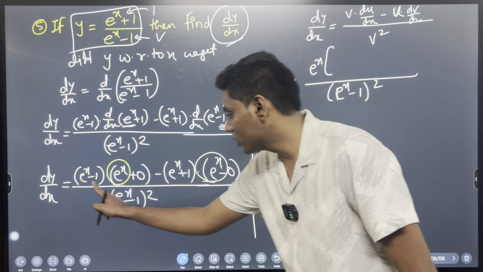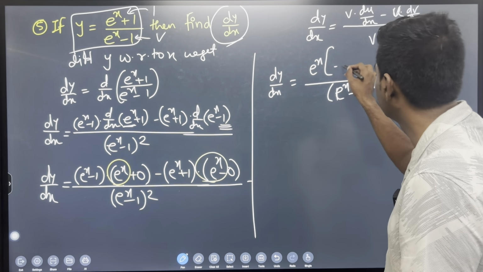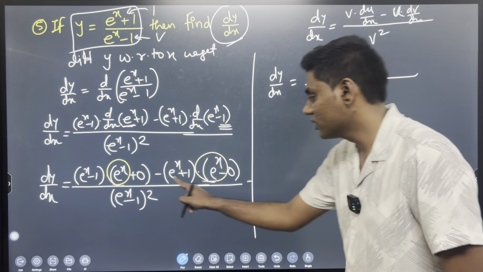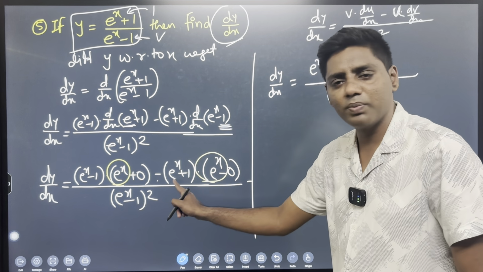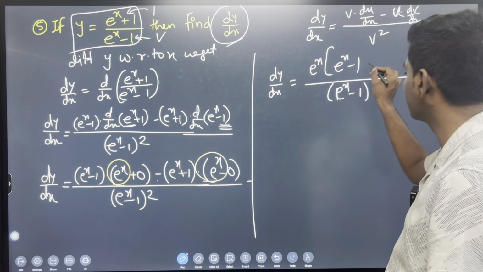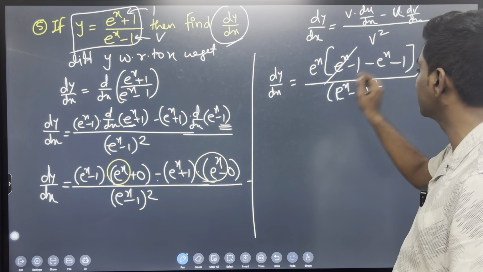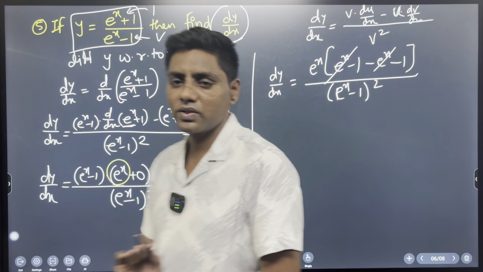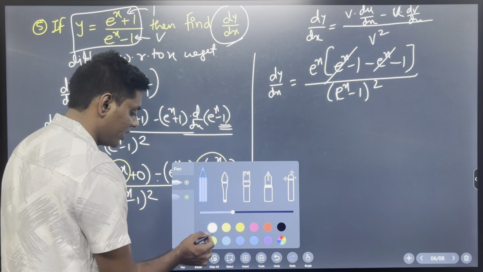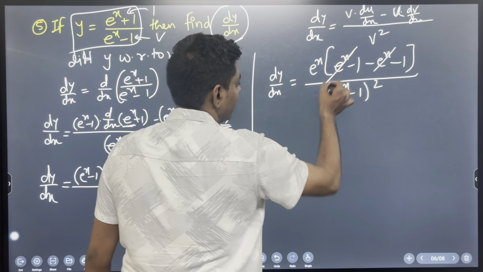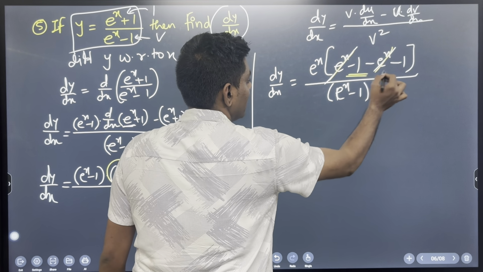What is remaining here? Only e raised to x minus 1, and next minus, so plus minus becomes minus, so minus e raised to x, then minus 1. From here we observe that e raised to x gets cancelled, and the remaining terms are minus 1 and minus 1.